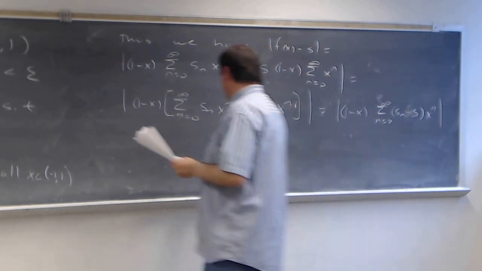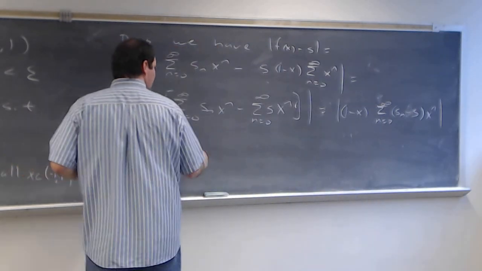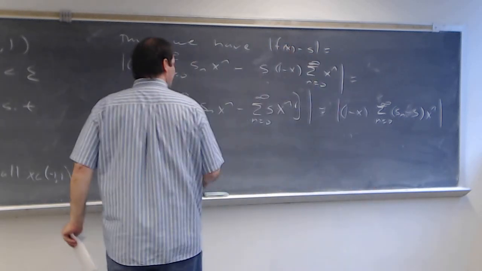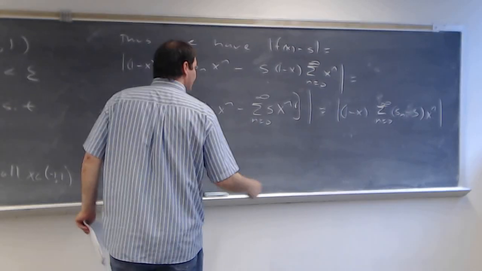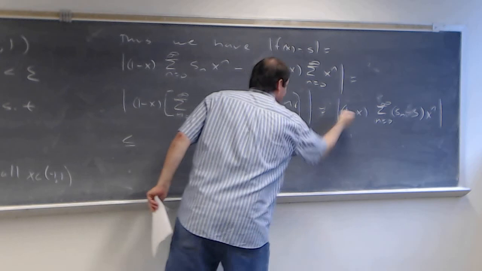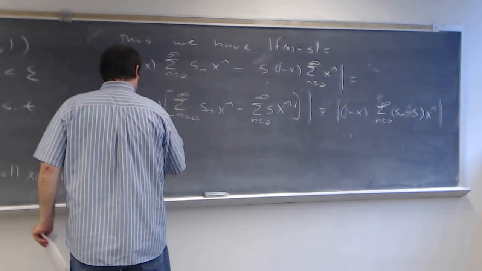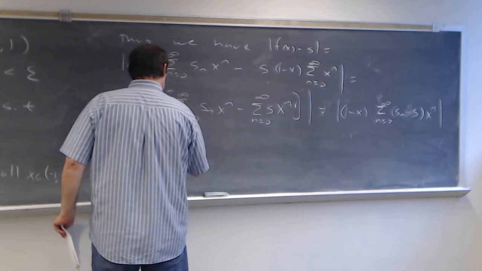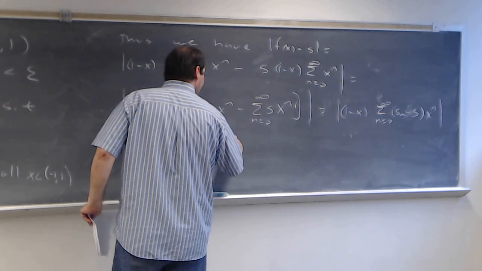And then, using the triangle inequality, we take the absolute value of the sum. The absolute value of 1 minus x, for x between minus 1 and 1, 1 minus x will be positive, so this is just 1 minus x. And then the absolute value of the sum is less than or equal to the sum of the absolute values.